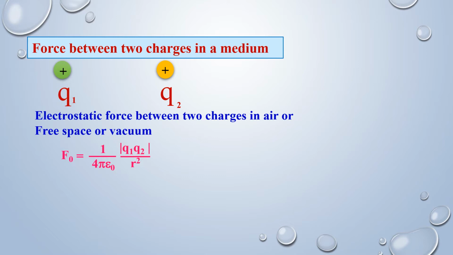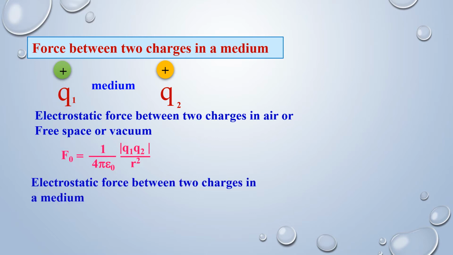Now let us assume that the medium between the two charges is being replaced by water. So I have considered the same two charges with the same distance of separation inside another medium, that is water, or you can even consider it is placed in glass. What should be the expression that we get when these two charges are placed in another medium apart from air or vacuum?